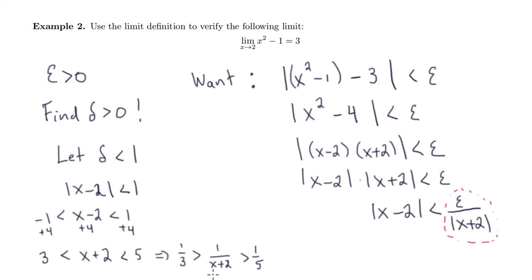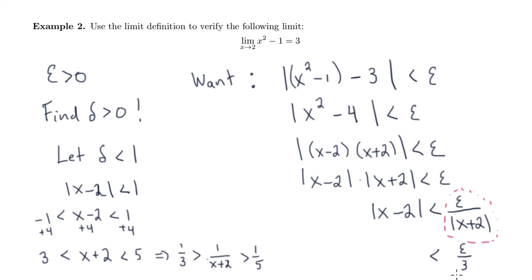And these are all positive, so actually I can just put absolute values here. It's not going to make a difference. So I see that 1 over x plus 2 is less than 1/3. So actually, I can just say that epsilon over the absolute value of x plus 2, assuming that delta is less than 1, is less than epsilon over 3.